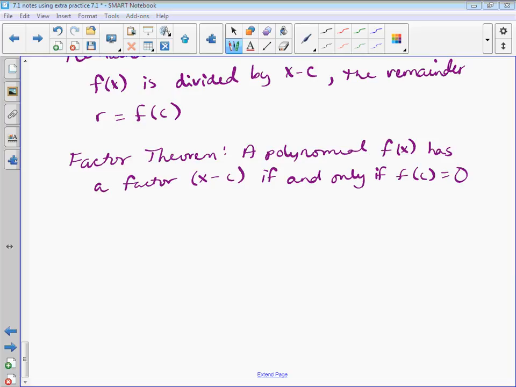So again, that's what we were just talking about. If you plug it in and you get 0, then that is definitely a factor of your polynomial.